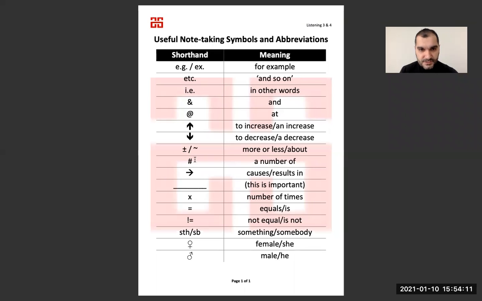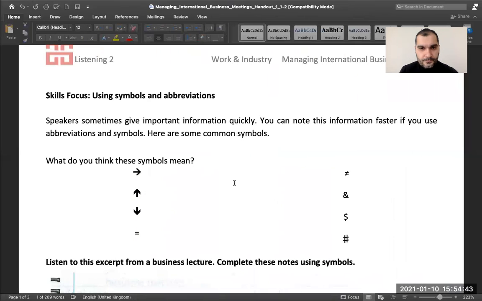You see some symbols and their meaning. You see here, this symbol means ants, and the arrow pointing up means to increase, and the opposite of it means to decrease. And this arrow pointing to the right side means causes and results in, and you meet equals, not equal, etc. You may take a close look.